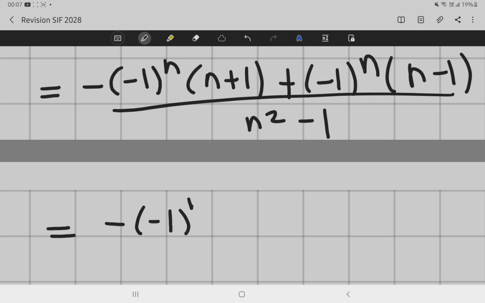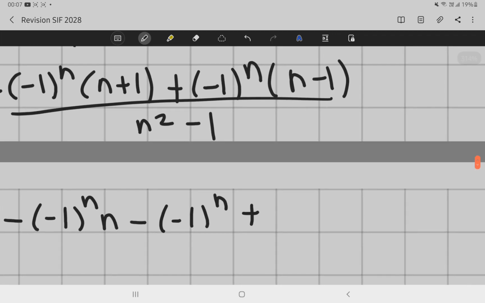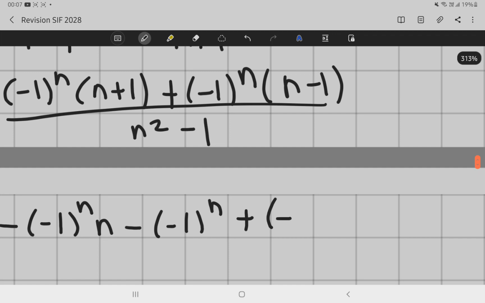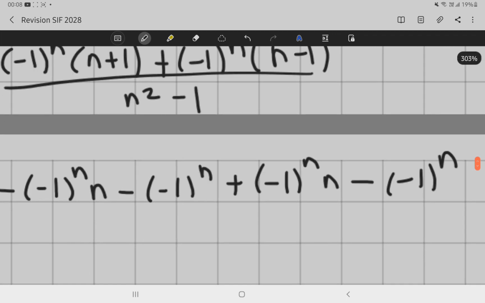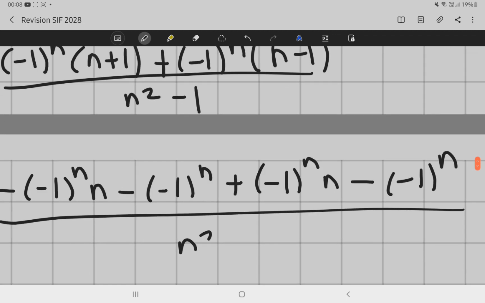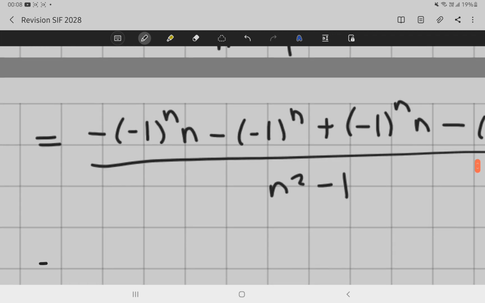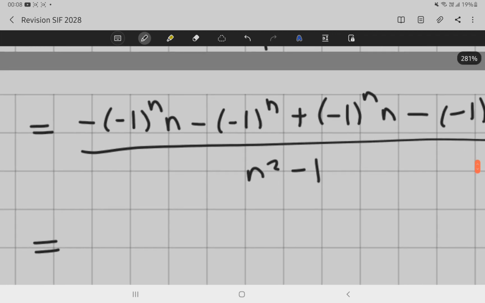(Minus 1) to the n times n minus (minus 1) to the n, plus (minus 1) to the n times n minus (minus 1) to the n, over n square minus 1. So this is the method of simplification only, but let me see.